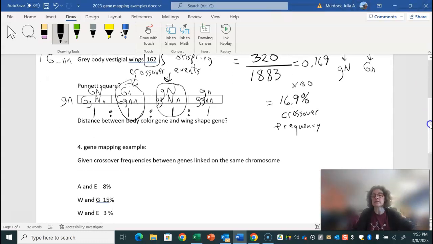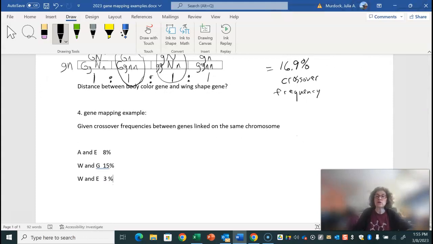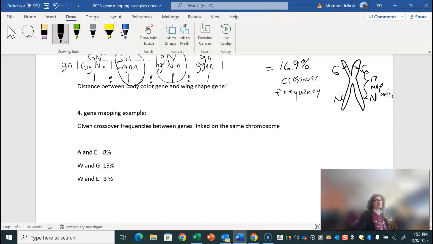So now the chromosome, if you were going to draw it, which is exactly what I'm going to ask you to draw on the Fly Lab, if I were going to make a distance between, here's my G's and here's my N's, this distance on the chromosome is 17 map units long. You can round it to a whole number, that's fine, okay? All right, so that's how you calculate your map units if you're given the offspring data.